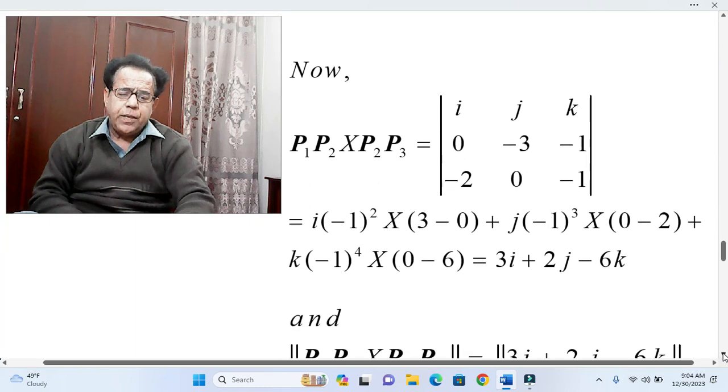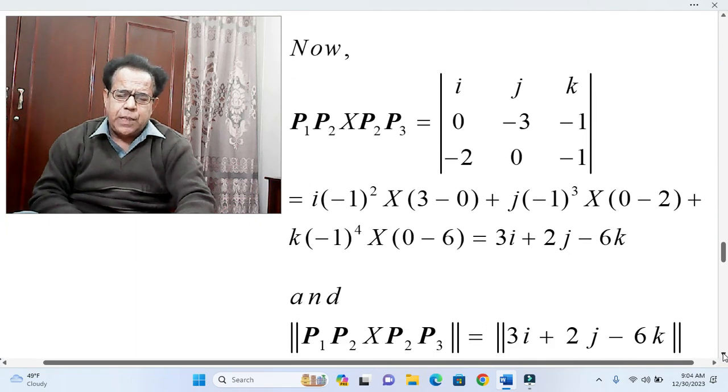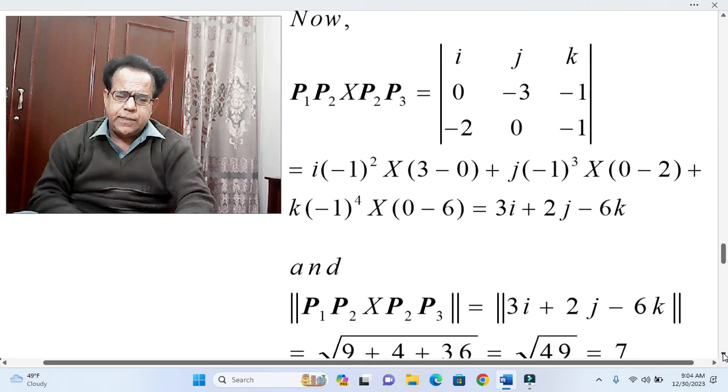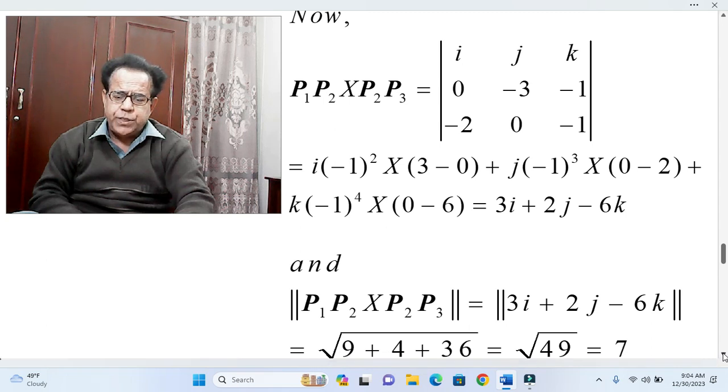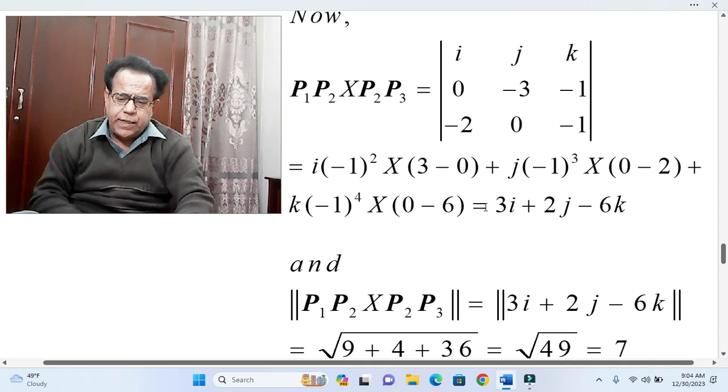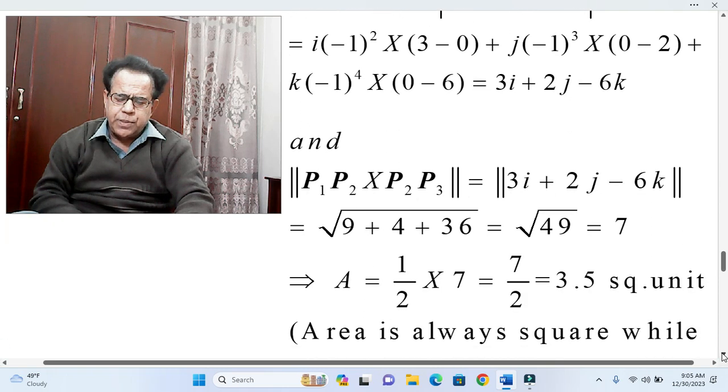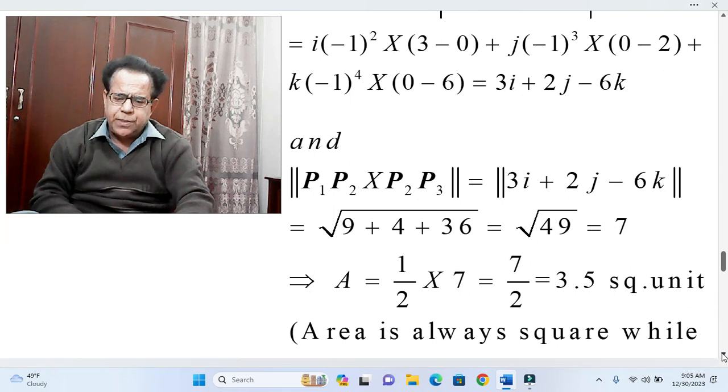Now the cross product of these two vectors will become equal to this, and finally after simplification it becomes 3i plus 2j minus 6k. The next step is to take the magnitude of this vector, which is the square root of 9 plus 4 plus 36, that is root 49, and it becomes 7.